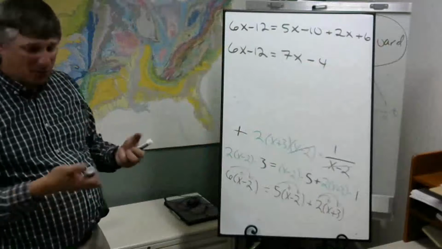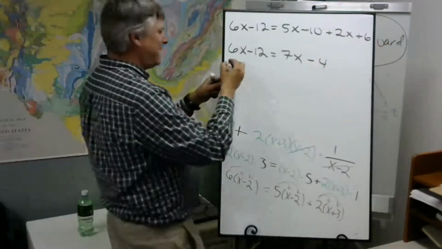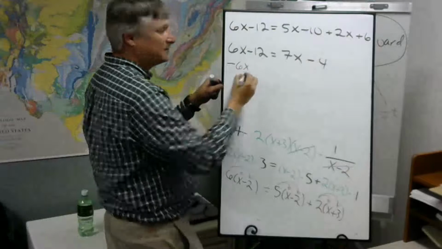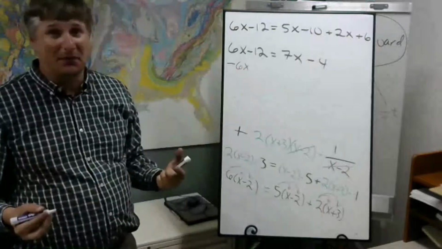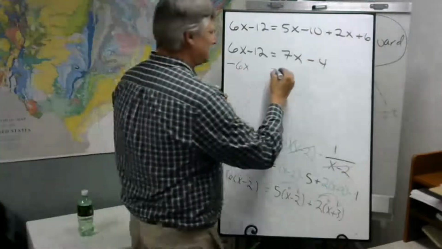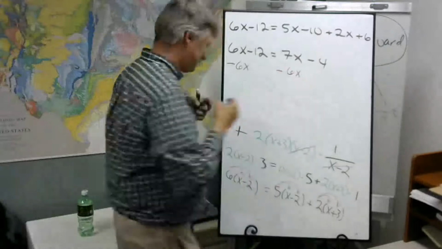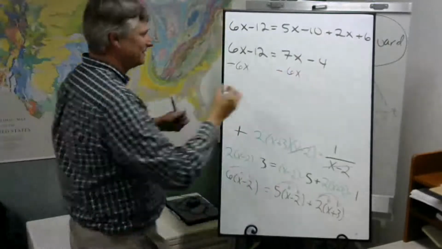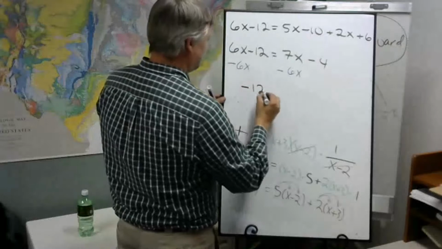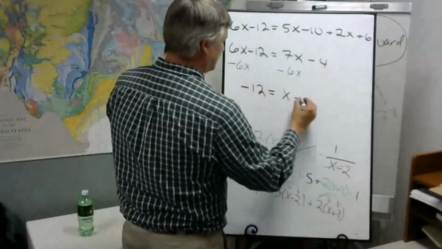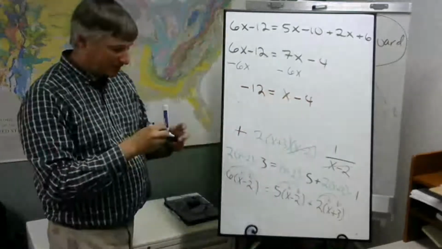And we want to get the x's on one side, so I'm going to cancel this positive 6x by subtracting 6x, and subtract 6x here. So there's negative 12 equals x minus 4.